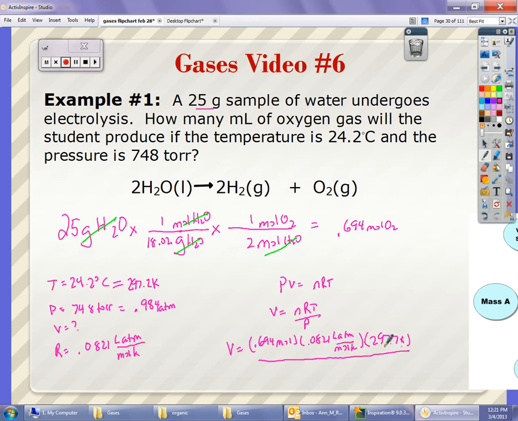Plug in pressure in atm. And let's see how the units cancel. The Kelvins cancel with those Kelvins, the atms with those atms, the moles with the moles. We're going to get liters as our answer. Multiply across the top, divide the bottom, and your volume is 17.2 liters as a final answer.